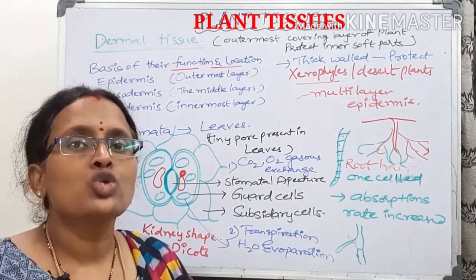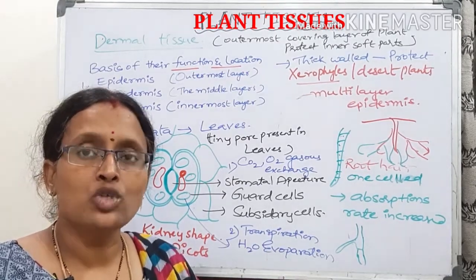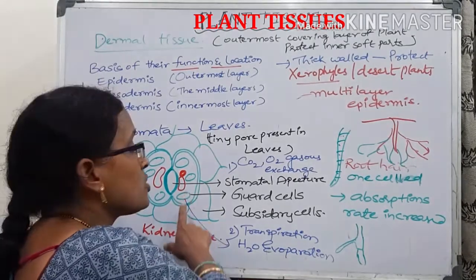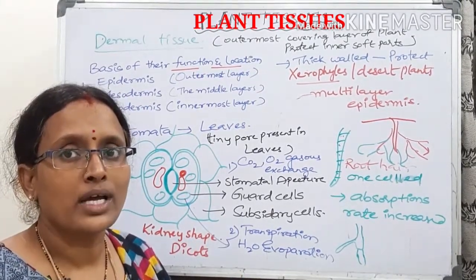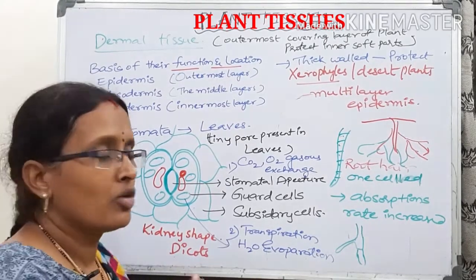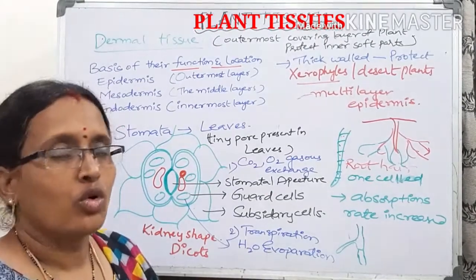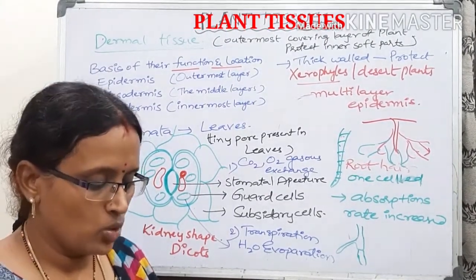What is stomata? Stomata are minute pores present in the leaves for gaseous exchange. In the guard cells we have chloroplast. The epidermal cells which have chloroplast are guard cells only. These are kidney shaped, whereas dumbbell shaped in monocots. Root hairs are also modified epidermal cells only.